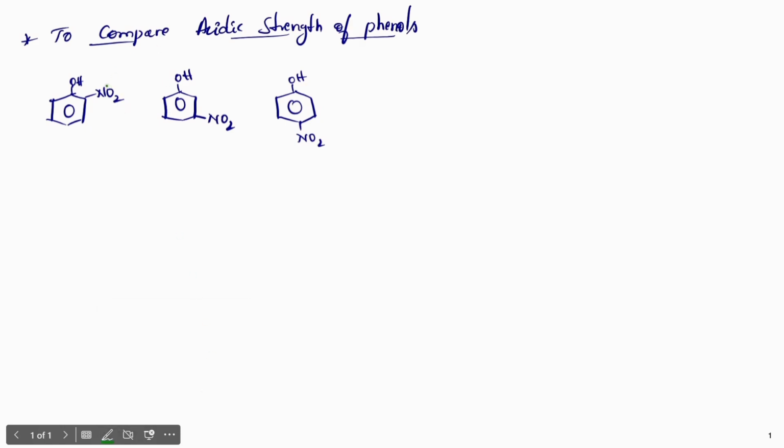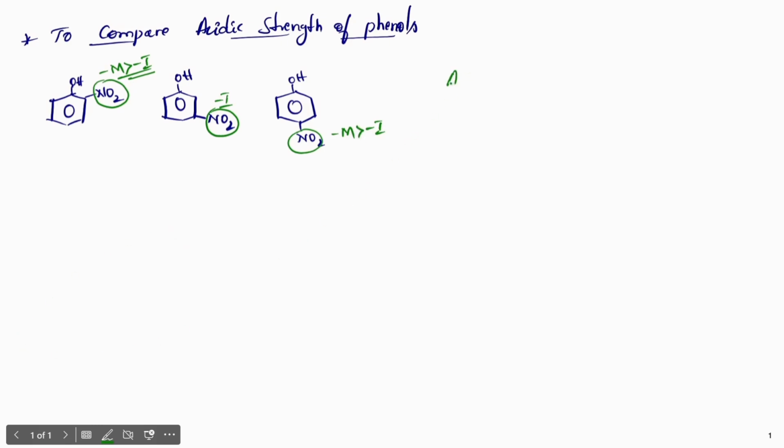Here we know that NO2 group gives minus M effect and minus I effect. Here NO2 is at meta position, therefore it gives only minus I effect. At meta position, mesomeric effect is not operated. Here NO2 is at para position, it gives minus M effect and minus I effect. When there is both minus M effect and minus I effect, minus M takes the preference over minus I effect.